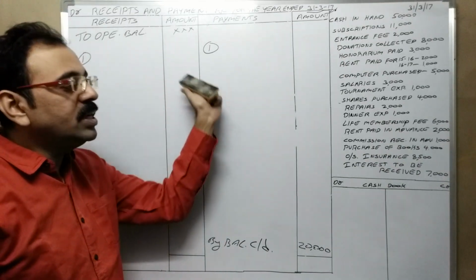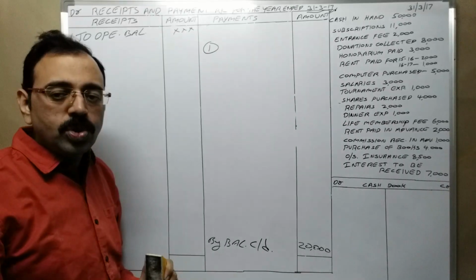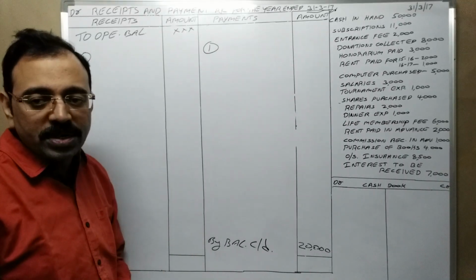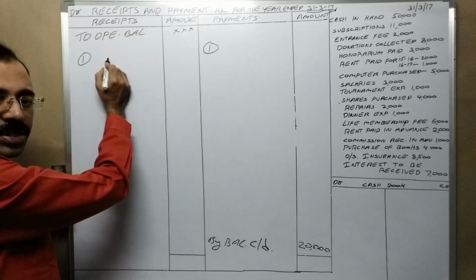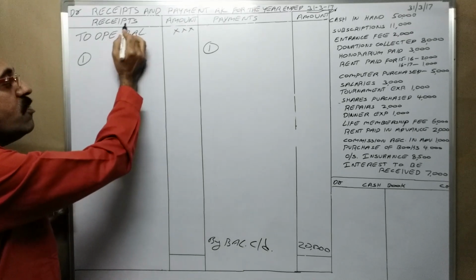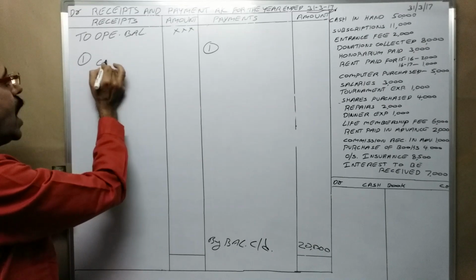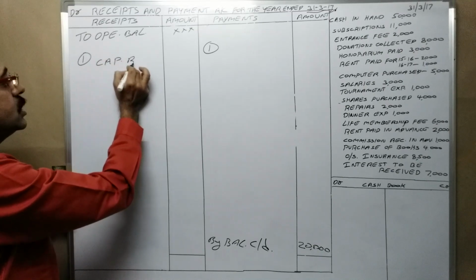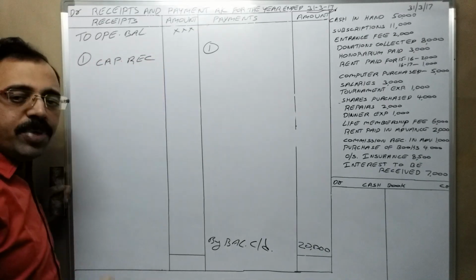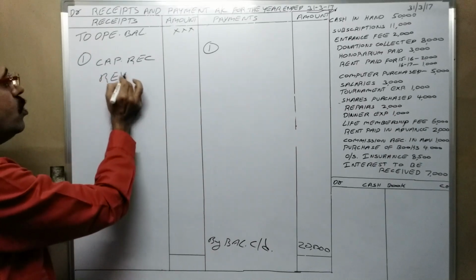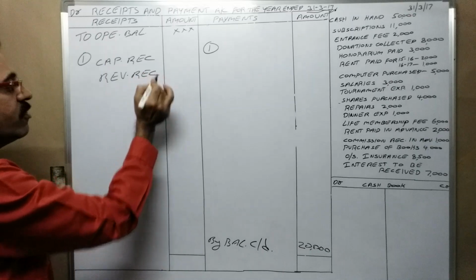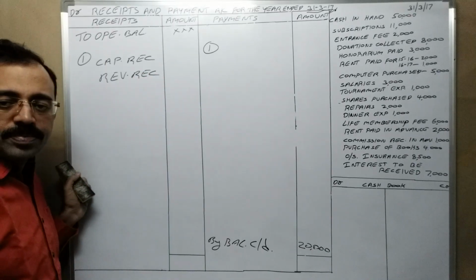While writing the receipts and payments, you should remember one important point. That is, receipts are of two types. Incomes are of two types. Capital receipts or capital incomes and revenue receipts or revenue incomes.